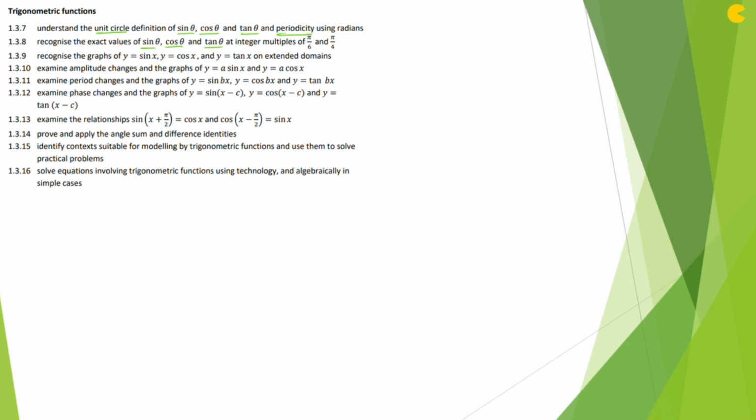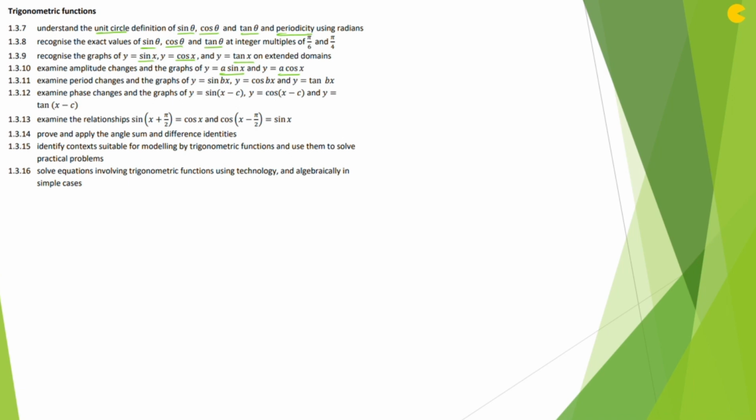We had a look at the graphs of trigonometric functions like sine, cosine, and tan on extended domains and also on restricted domains. We then had a look at amplitude changes when we introduce a variable a and change that variable. That can have impacts on our amplitude of our function.